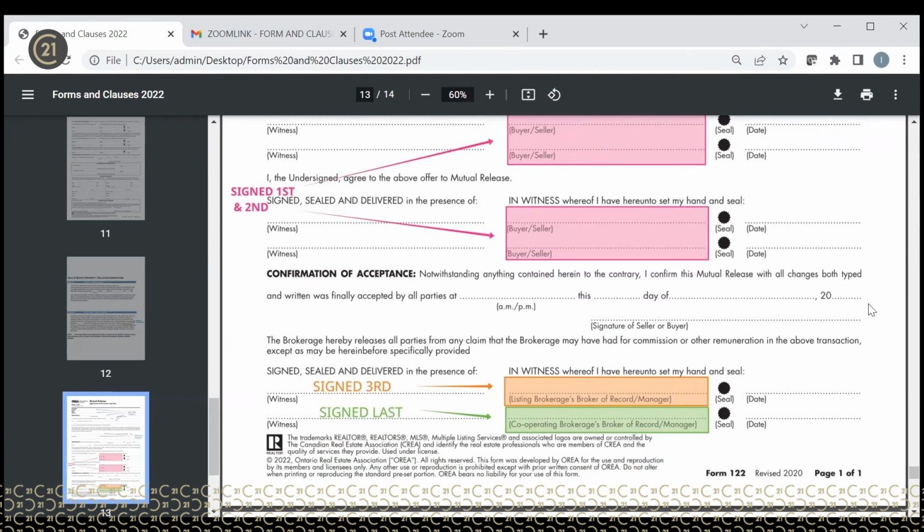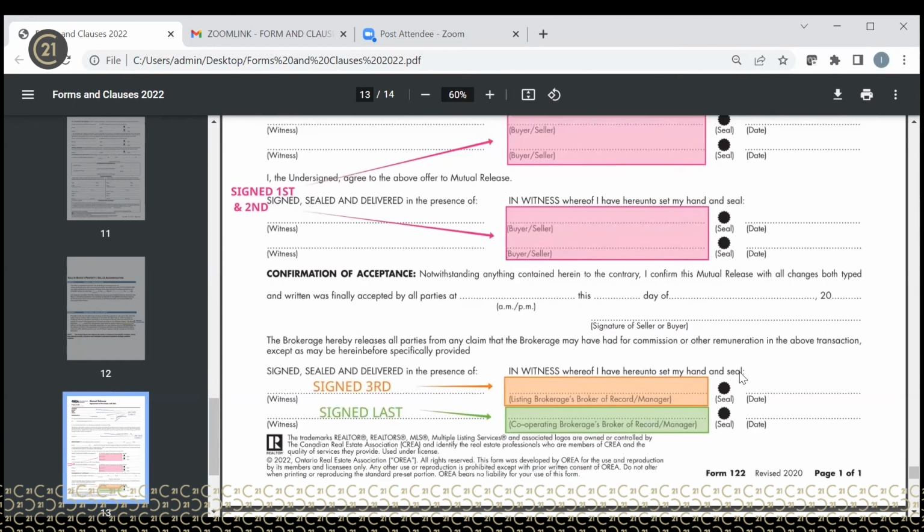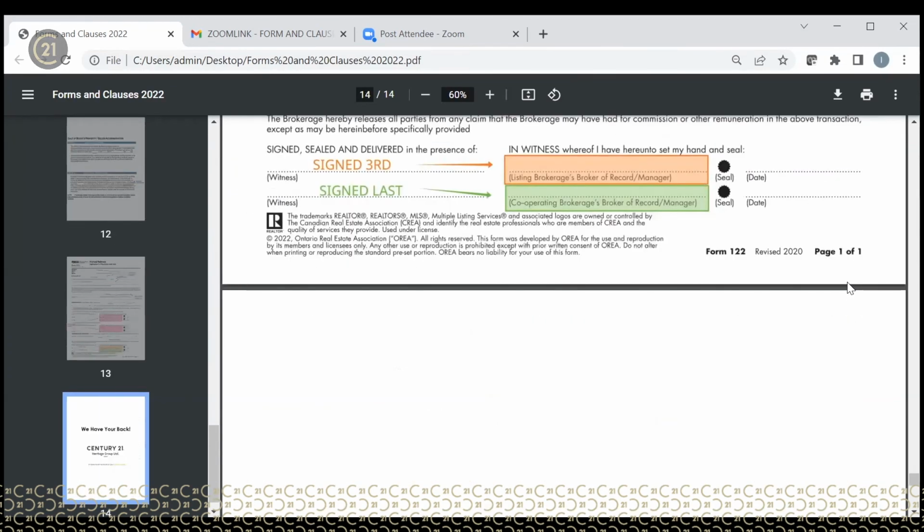However, if I am the listing brokerage, I want to make sure that all signatures are in place and that they absolutely match the agreement of purchase and sale. So the listing brokerage is the last one to sign off because they're the ones that are giving out the money, and we want to make sure it's correct.